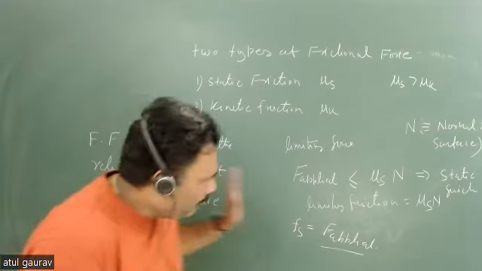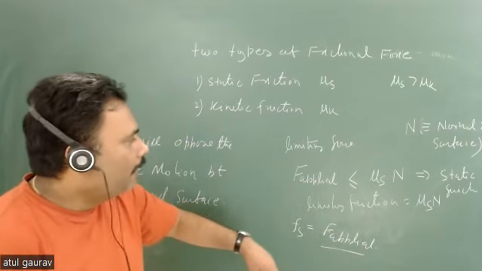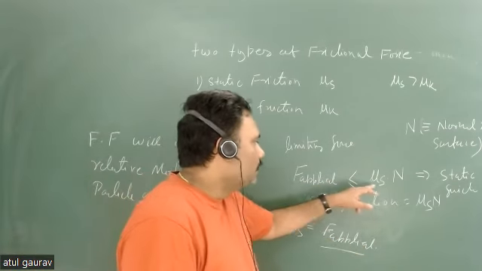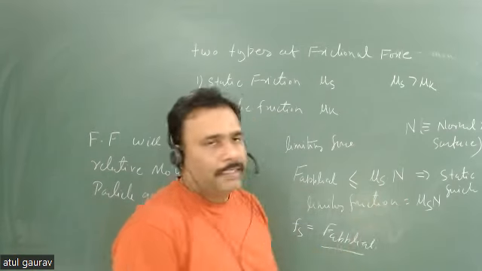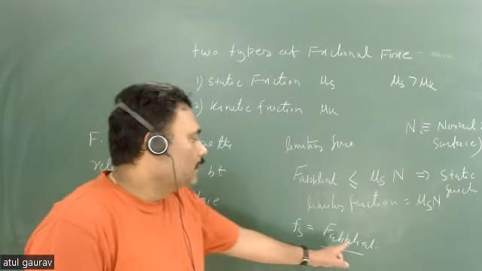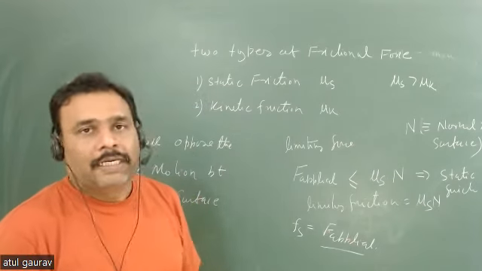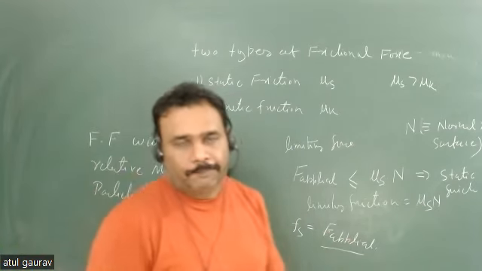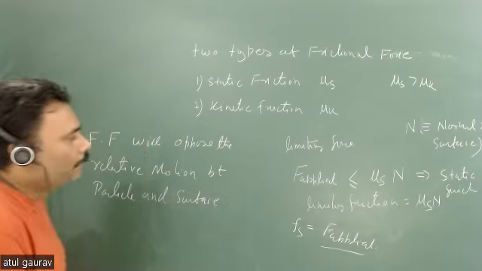When you apply some force and you find that your applied force is less than mu s into N, where mu s into N is the limiting friction, then your frictional force is equal to what? The applied force, and that is your static friction. So then you will go for static friction.